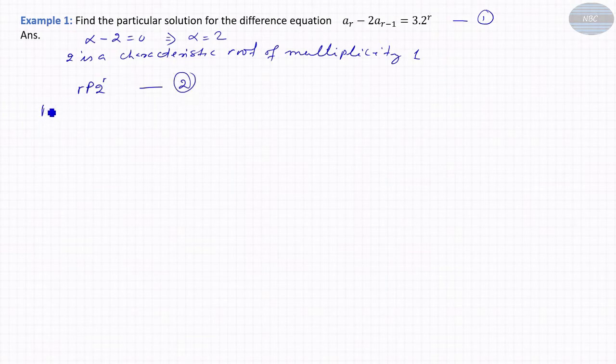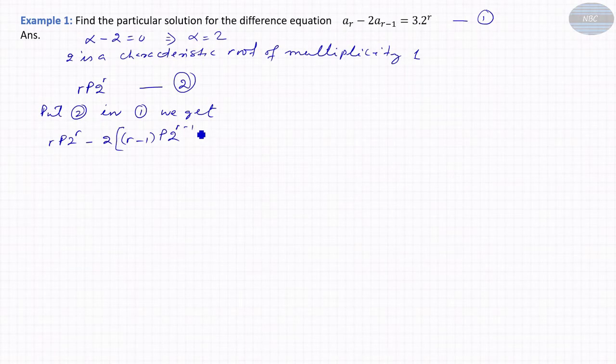Put it in equation 1, we get r into p into 2 to the power r minus 2 into (r minus 1) into p into 2 to the power (r minus 1) is equal to 3 into 2 to the power r.